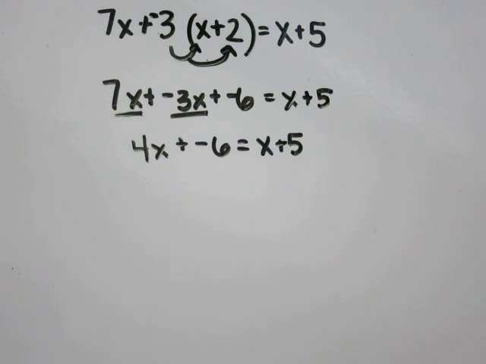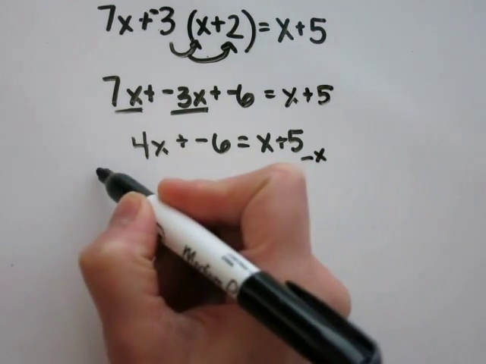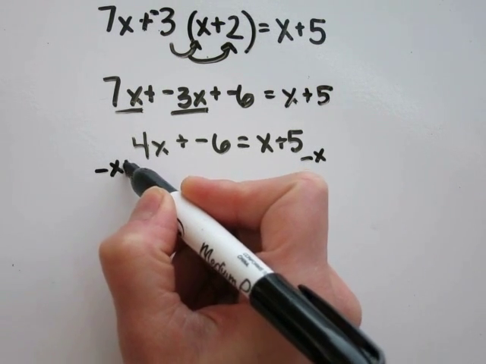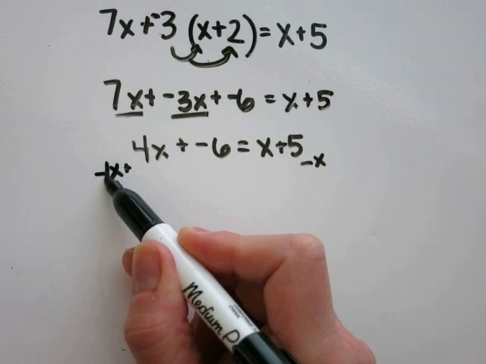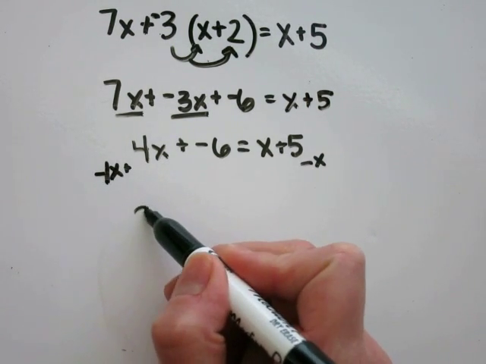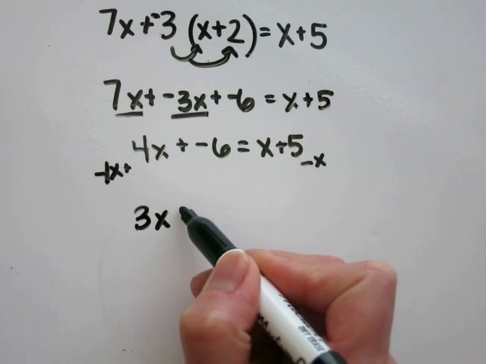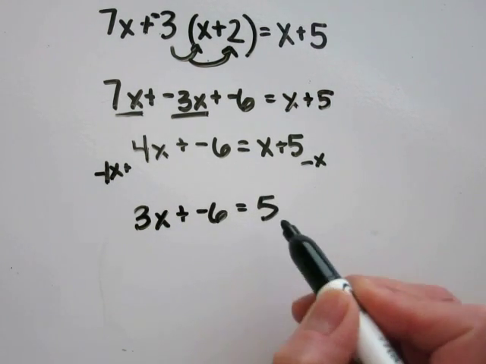Now I want my x's to be on the same side of the equation, so I will subtract x from each side. Negative x plus 4x is the same as negative 1x plus 4x. 4 minus 1 is 3. 3x plus negative 6 equals 5.